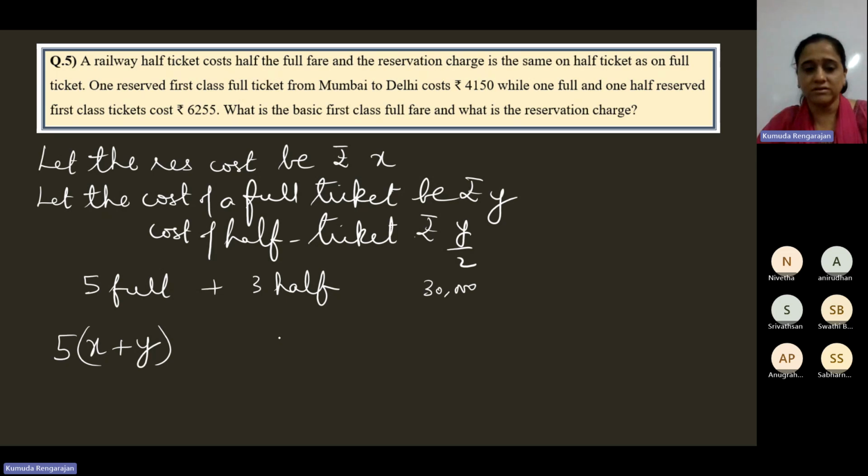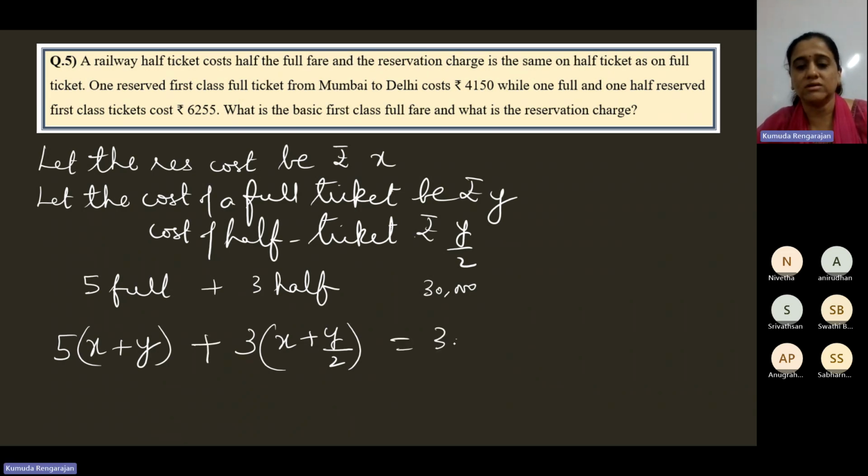For 1 half ticket, reservation charge is X plus ticket charge Y by 2. This much you have to pay for 1 child, so for 3 children, into 3. These two put together, the total money you have to spend is 30,000. Correct?